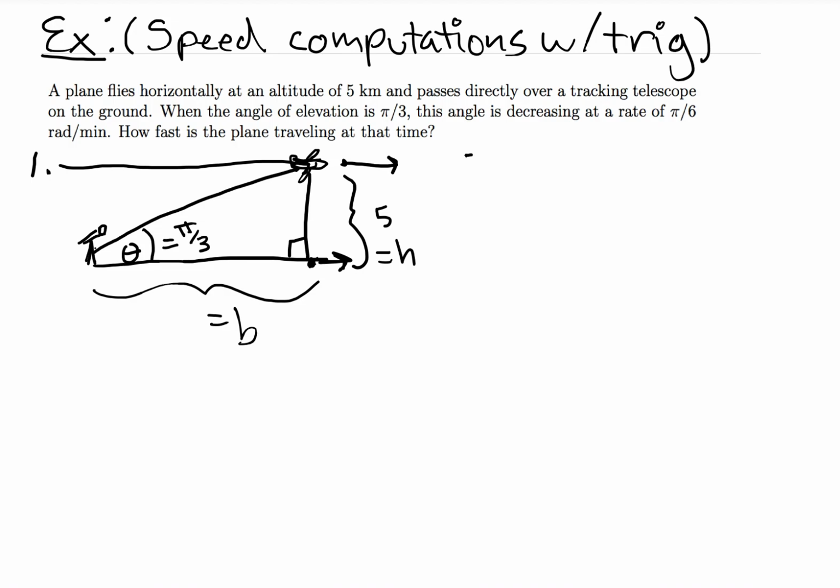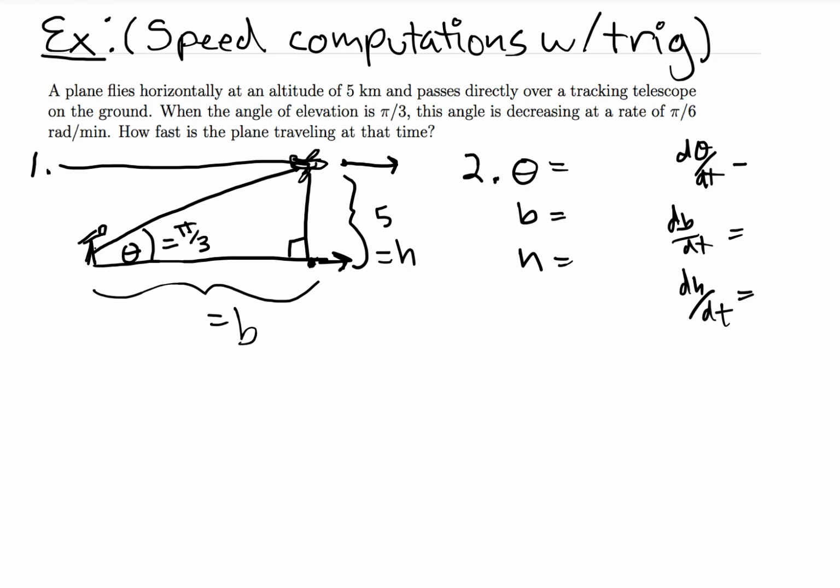So let's label what we know in context of the way we've picked our diagram. I have a theta, I have a B, and I have an H. This means I'm probably also going to be looking at a d theta dt, a dB dt, and a dH dt.